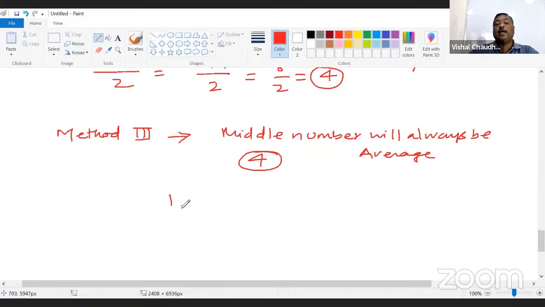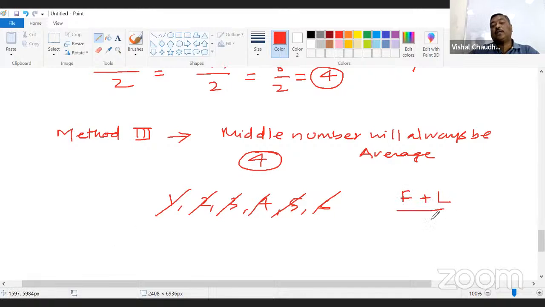Suppose I don't have any middle number. If we have 1, 2, 3, 4, 5, and 6 only, we don't have a middle number here. So what will it be? You just go with first plus last by 2. That is 1 plus 6 by 2, that is 7 by 2, that is 3.5. Is it clear, guys?